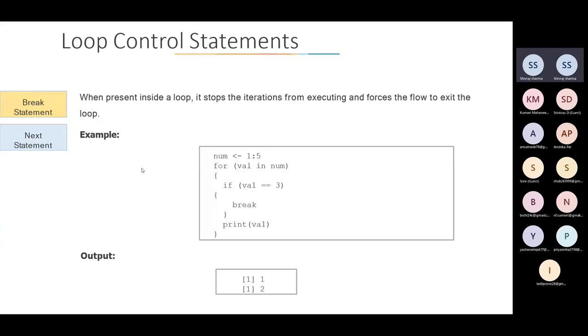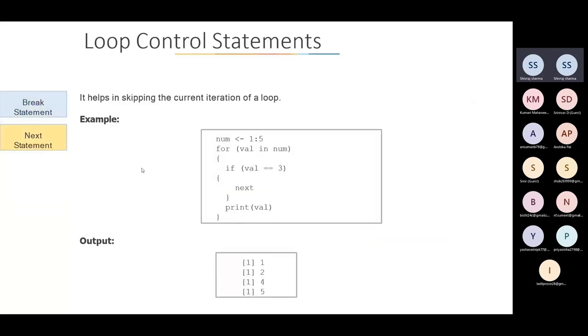In this statement also, if you do not put a break there, then it will repeat again and again 1 2 1 2 1 2 like that. Else, when you put a break there, it means the program must stop at that moment. Okay. And in the other part, that is your next statement, don't worry, the slides will be provided to you, then do the practice for these things.